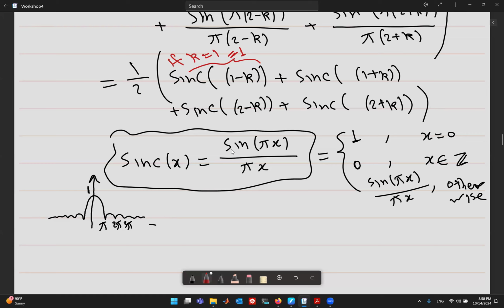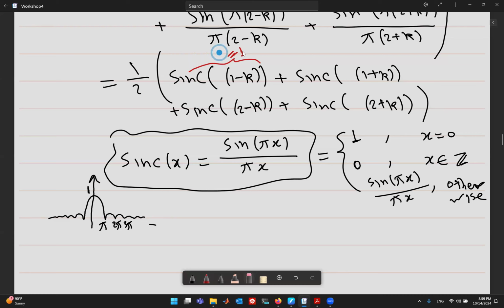So we get sine pi times some integer, and sine at pi and any multiple of pi is 0. So the sinc will be 0 also at any integer multiple of pi. So all of these terms will be 0 at k equals 1.